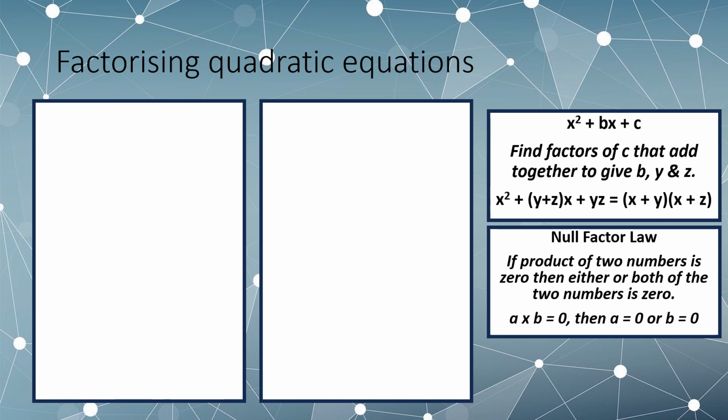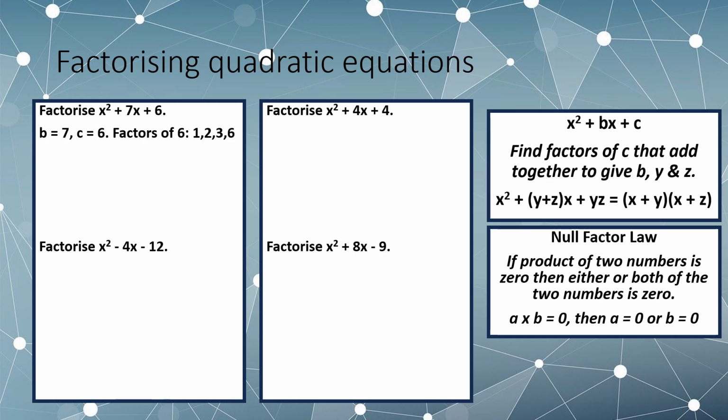So let's look at our first. We're asked to factorize x squared plus 7x plus 6. So we know our b value is equal to 7 and our c value is equal to 6. So looking at our factors of 6, we have 1, 2, 3, and 6. Now we need to pick two of these factors that add up to 7.